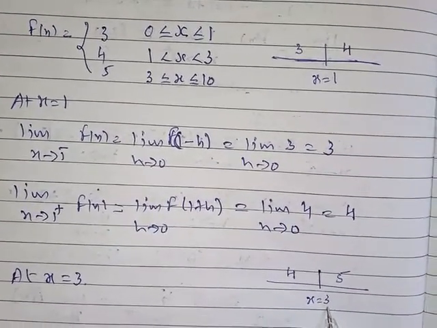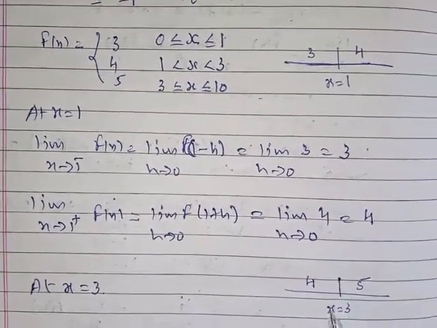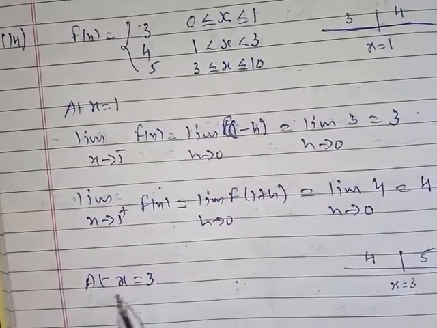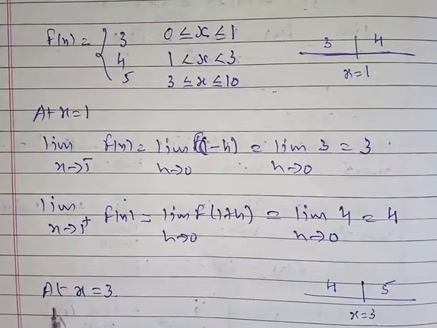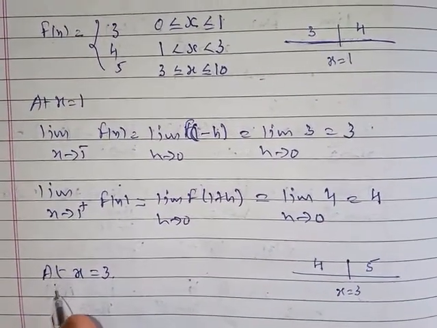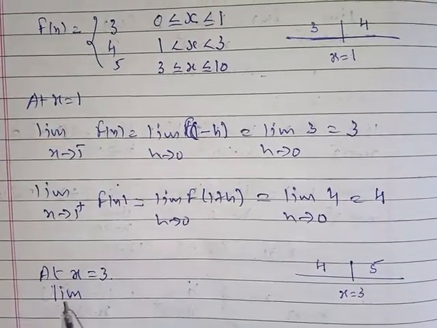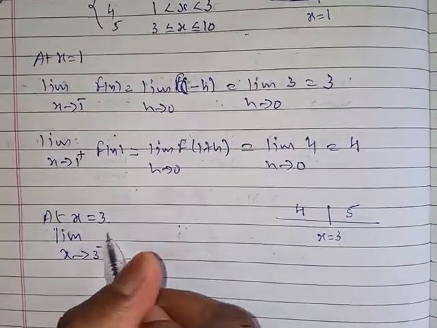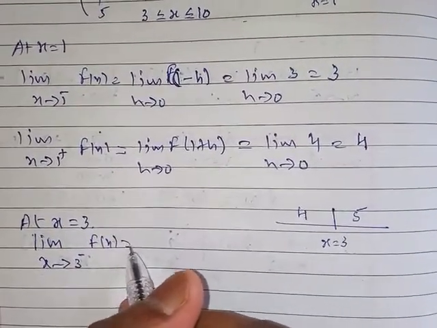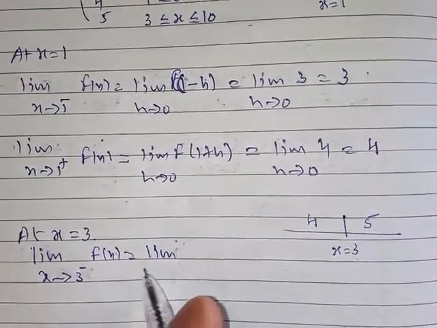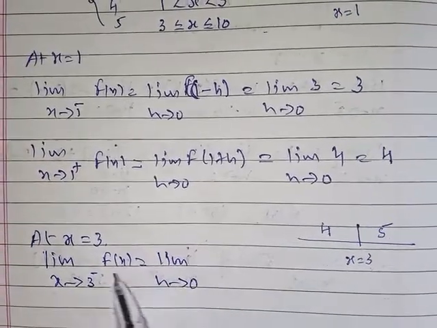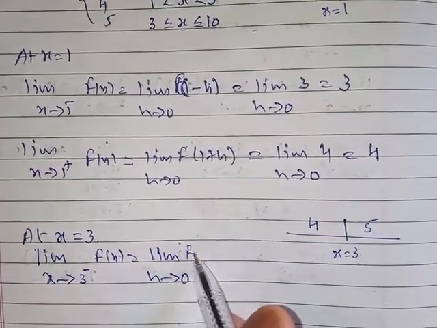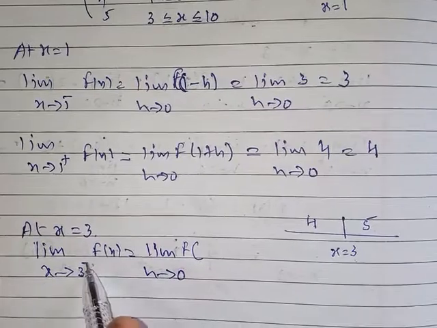How will we write it here? Limit x tends to 3 minus of f(x) is equal to limit h tends to 0 of f(3 minus h).